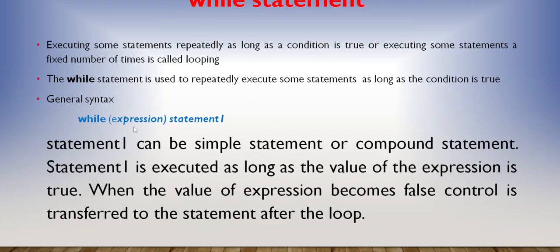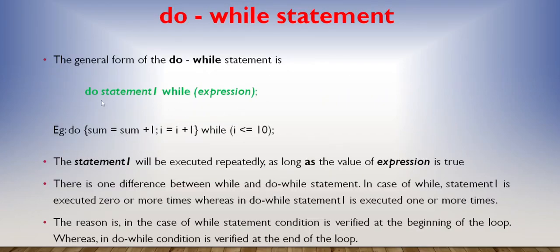If initially the expression is false, the statement will not be executed. Whereas here, the statement will be executed at least once, because after executing the statement we evaluate the condition. That is the difference between do while and while.